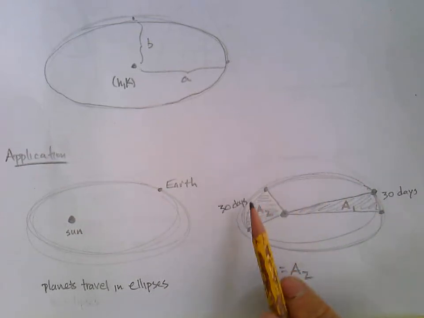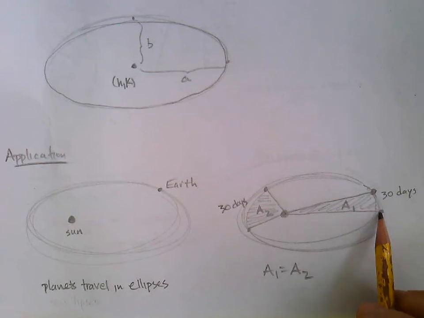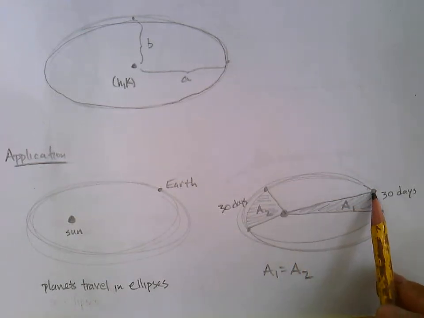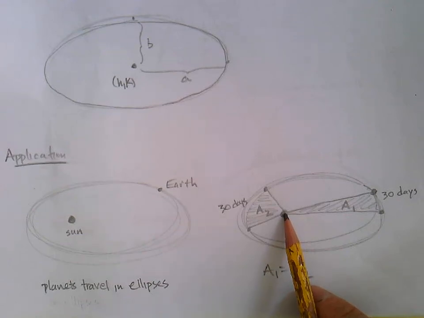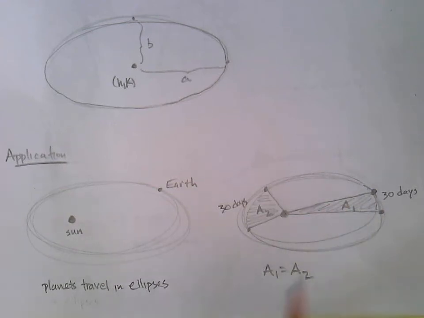Of course, it's 1 year to go all the way around. But okay, in 30 days, it moves that far. Think of the area created when you draw lines from the sun, so the sun to that position and the sun to that position. Think of that area. So it turns out any 30-day period will mark off the same area.